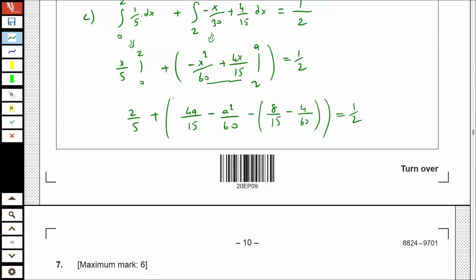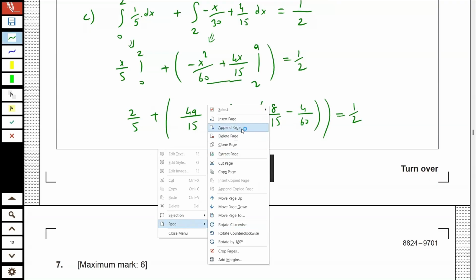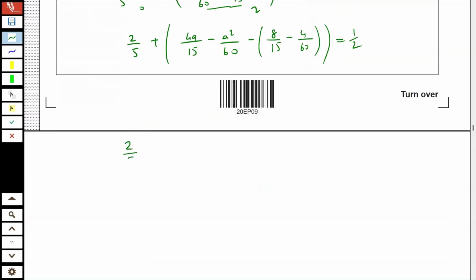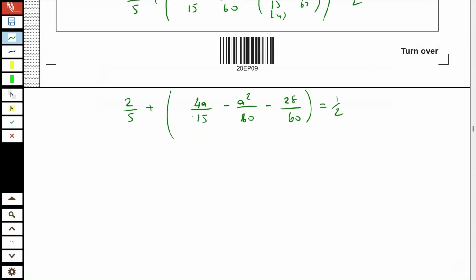So let's write it again. I'm gonna append the page here. 2 over 5, in parentheses, you can write 4a over 15 minus a square over 60 in parentheses, minus 28 over 60 equals 1 over 2.